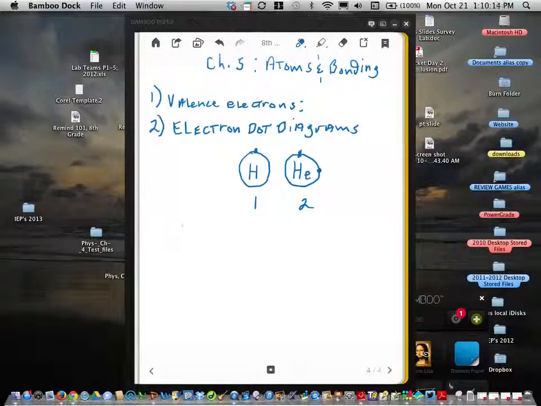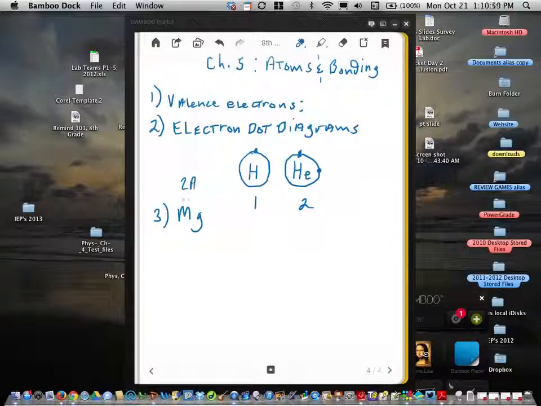Let's do another example. Magnesium. How many valence electrons does magnesium have? Look in your periodic table. How did you know that it has 2? Yeah, it's in group 2A.